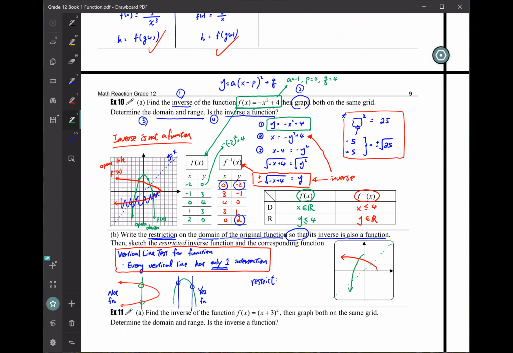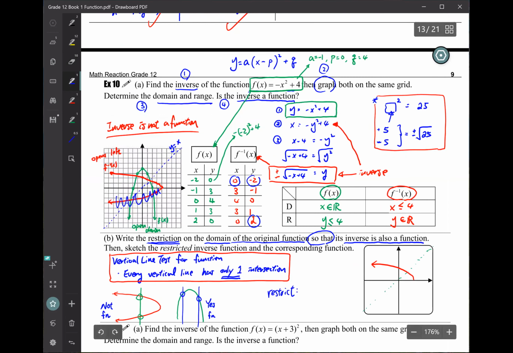So you can choose, okay? For this kind of question, you can choose. Let's erase that. If I want to cut off the bottom part, I will need to cut off the left side, then the green one will look like that.